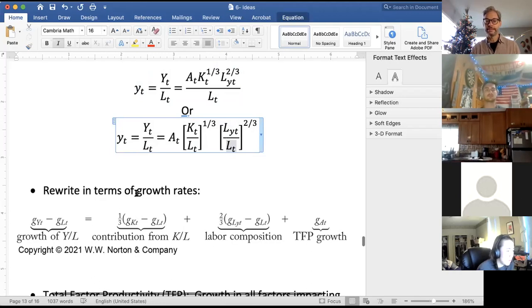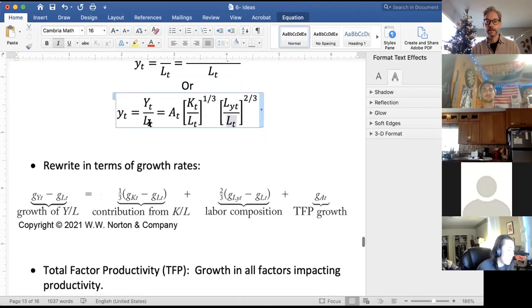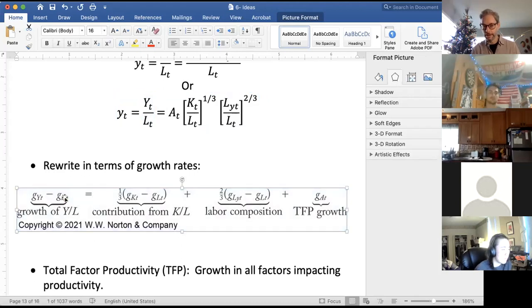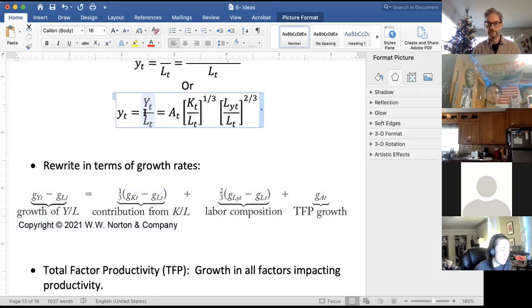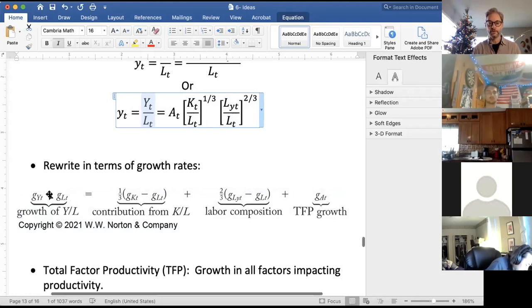Well, we're going to do that same thing here, except now note that we subtract out the growth rate of labor, right? So what is the growth rate of output divided by labor? It's the growth rate of output minus the growth rate of labor, right? So this part, output divided by L in terms of growth rates, is what's on the left-hand side of this next equation.